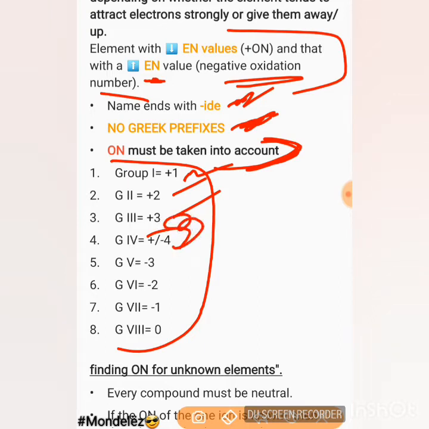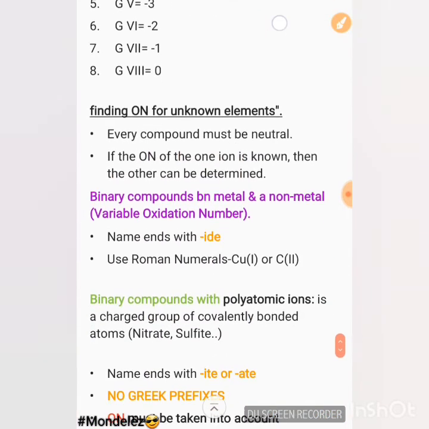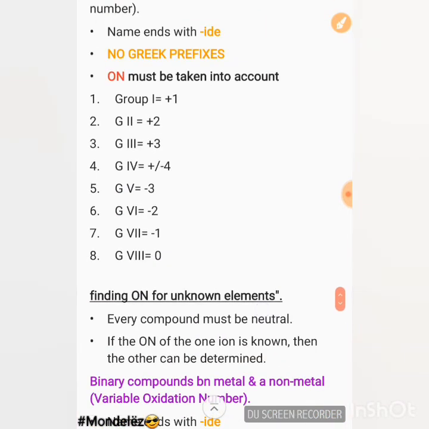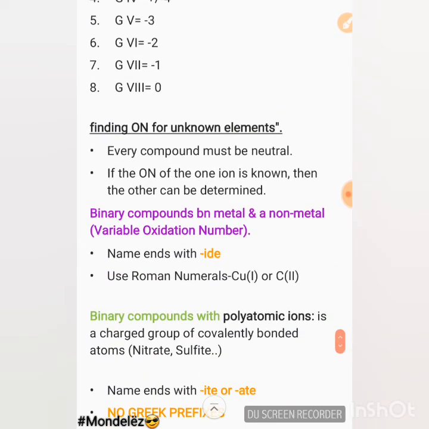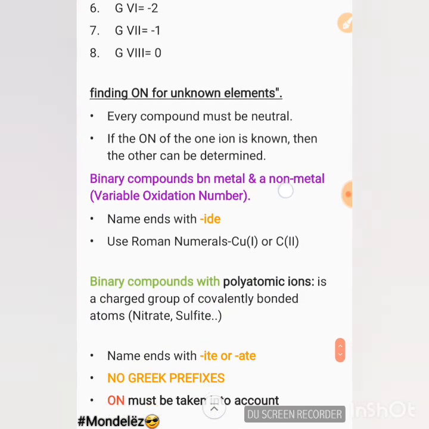Group 5 is minus 3. Group 6 is minus 2, group 7 is minus 1, and group 8, the noble gases, is 0. I'll also do another clip that focuses on these examples. This is just a quick theory.